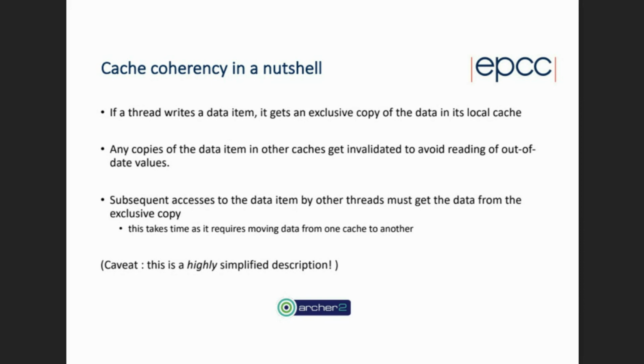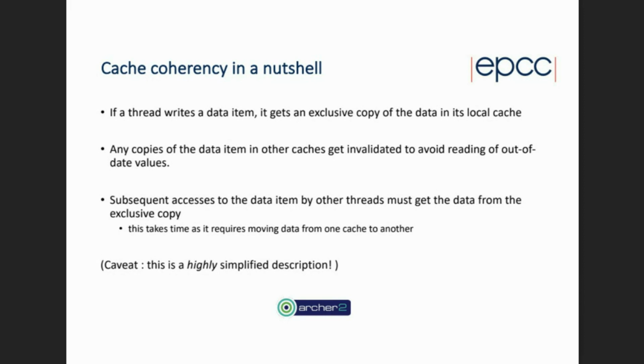But anyway, what happens is that whenever a thread writes a data item, it will get an exclusive copy of the data in its local cache. Okay, so that will become the only and latest up-to-date copy of that data item. And when that write happens, any copies of that data item that happen to be in other caches at the moment will get invalidated in order to avoid other threads on other cores reading out-of-date values.